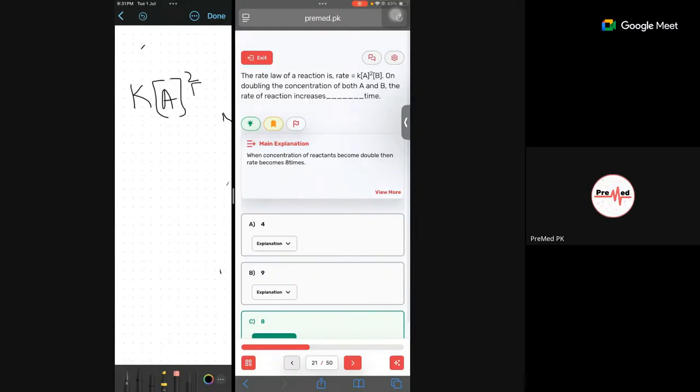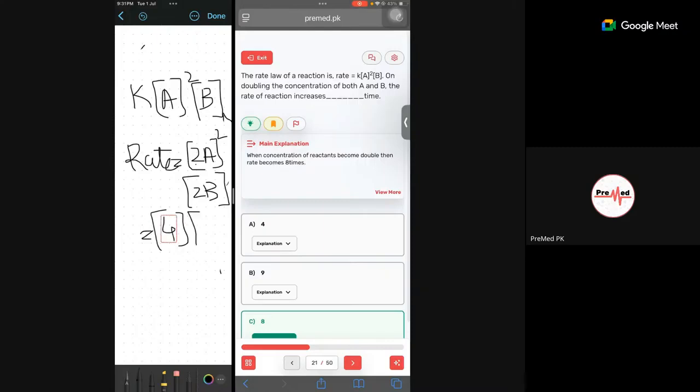The power of A is 2 and the power of B is 1. So if we are doubling, the rate is 2 times A squared and 2 times B. So 2 to the power 2 is 4 times, and we have 2 times B also. 4 twos are 8. So the rate of reaction increases 8 times.